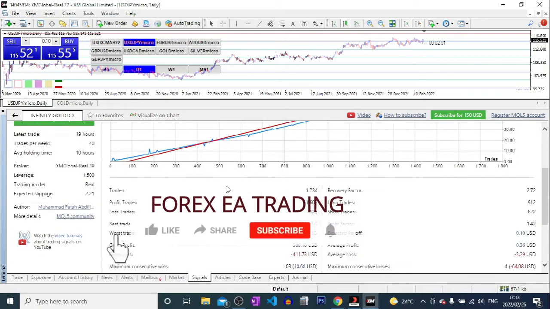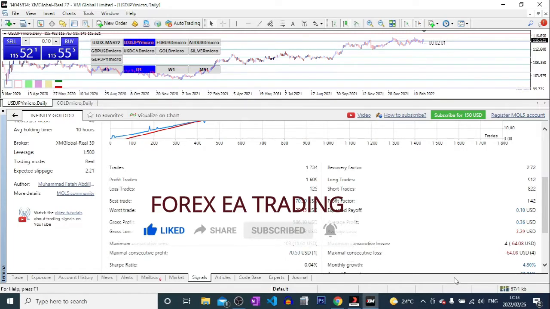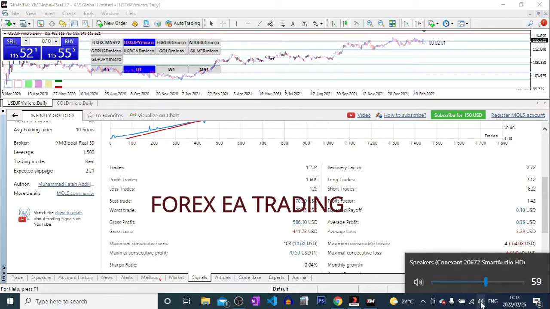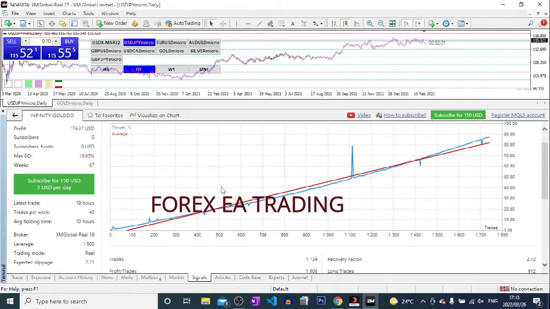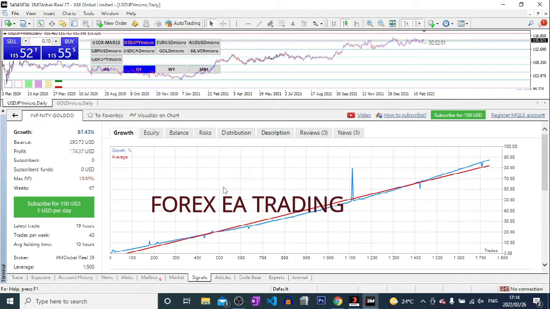But what you need to be careful with is that what these people sometimes do is they will trade to show you these graphs. The moment they've gotten enough people signed up for this service, most of them abandon the signal service.